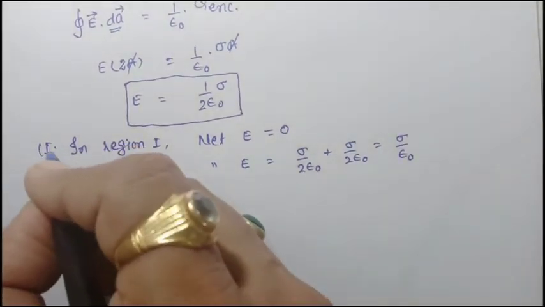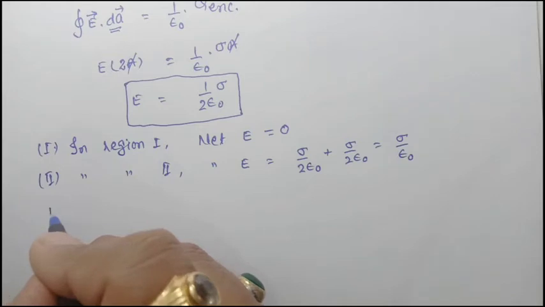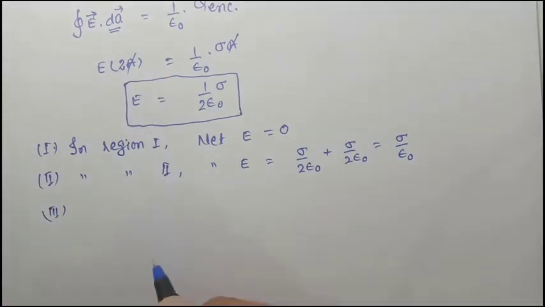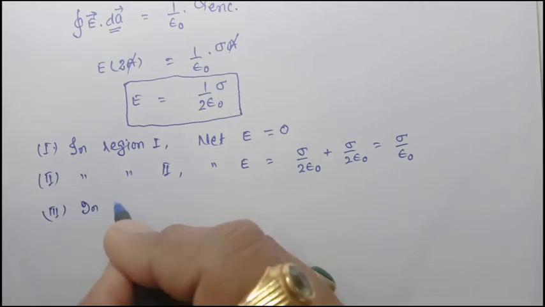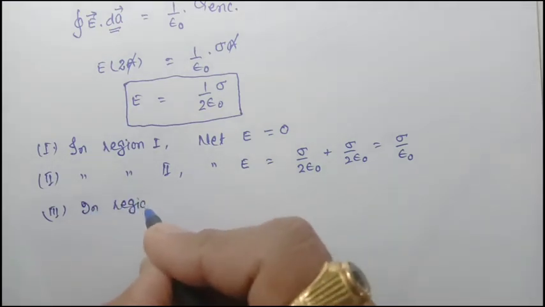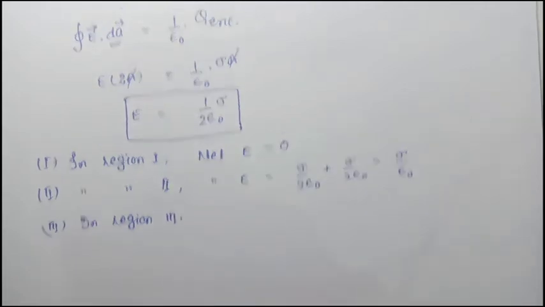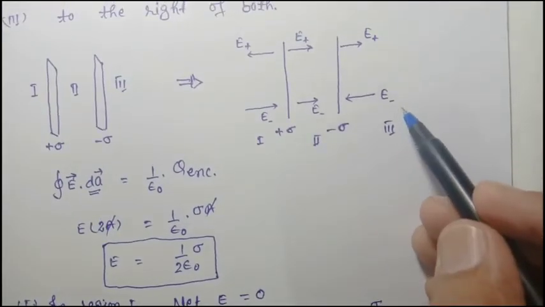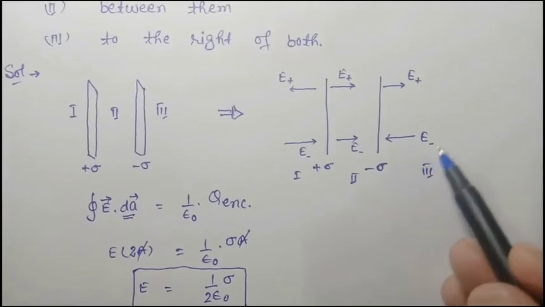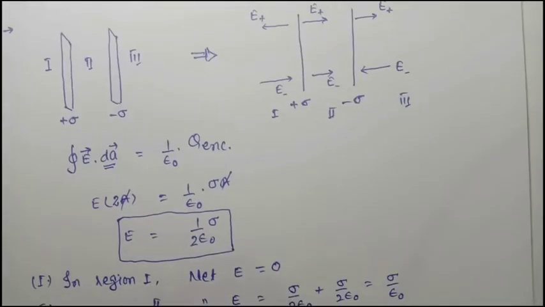Similarly, in the third region, that is to the right of both. Now here in the third region, again one is the electric field due to the positive charge, the second is the electric field due to the negative charge, and both are in the opposite direction. So again the net electric field is equal to 0.